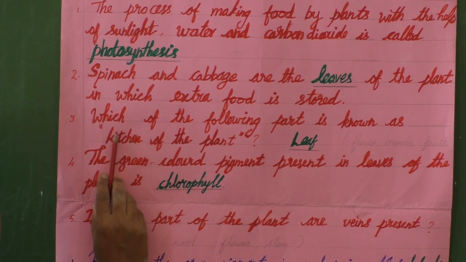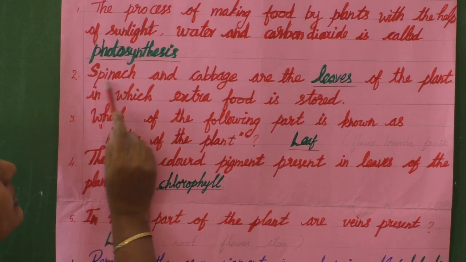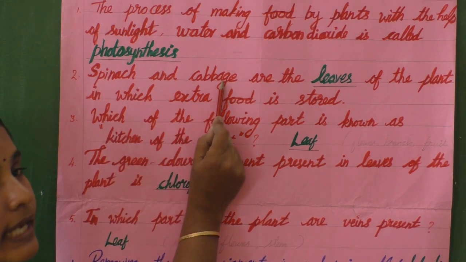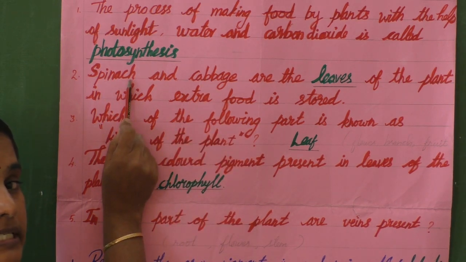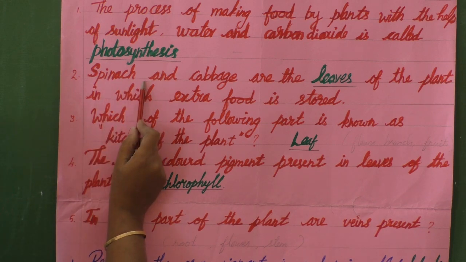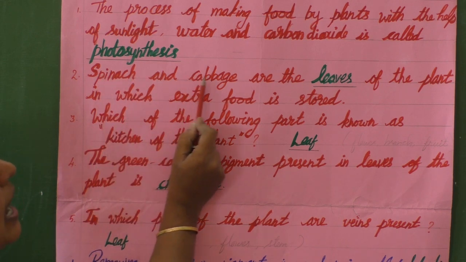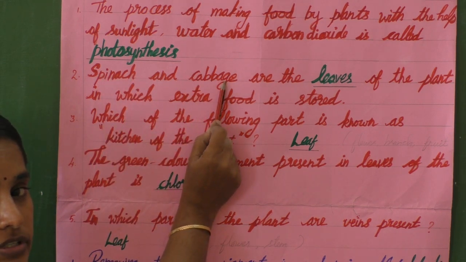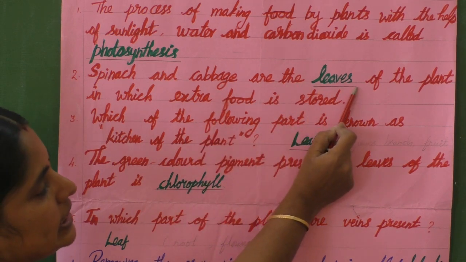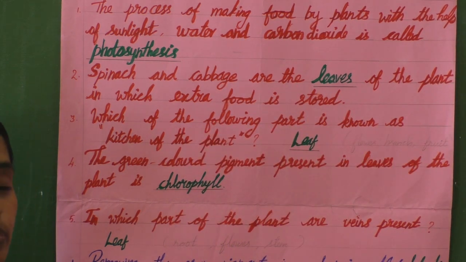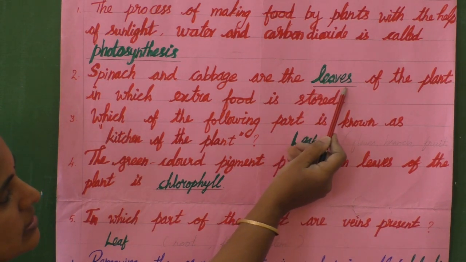Then second question, spinach and cabbage. Spinach means keerai, any kind of greens. Cabbage, what is it? The leaves of the plant. Which part of the plant? Leaves.